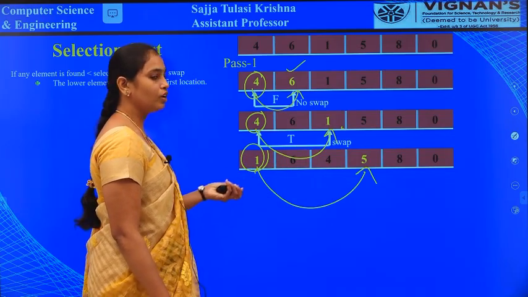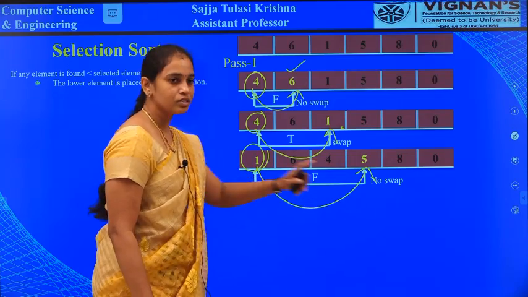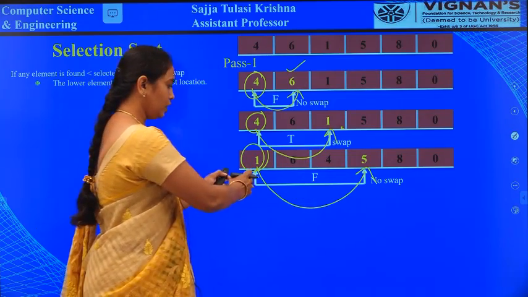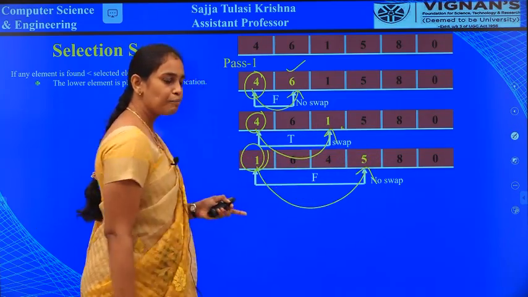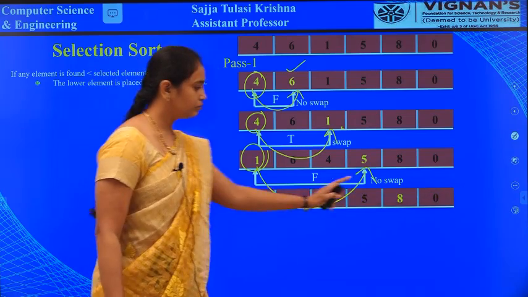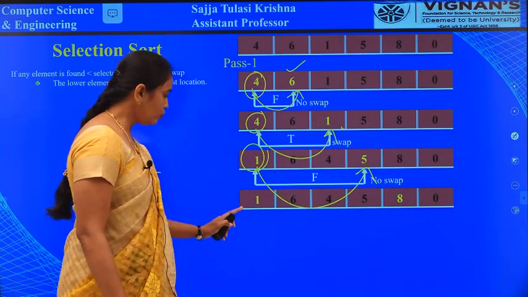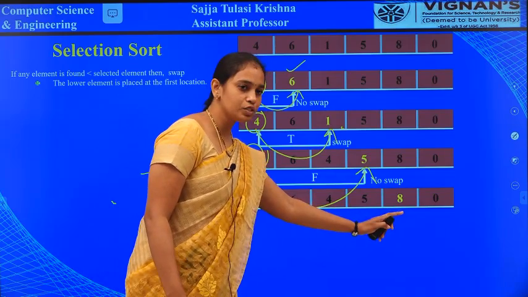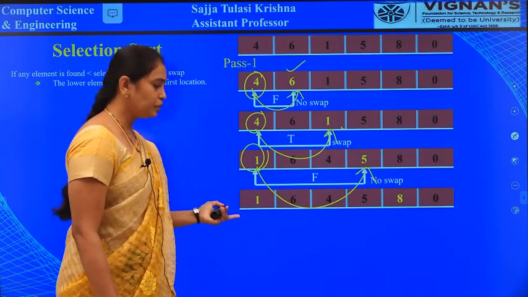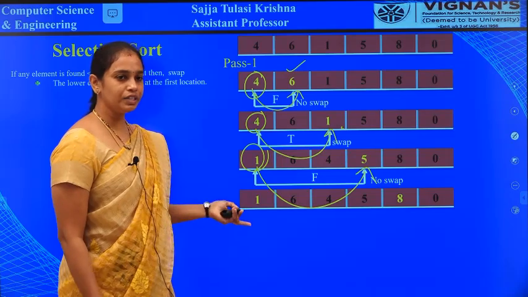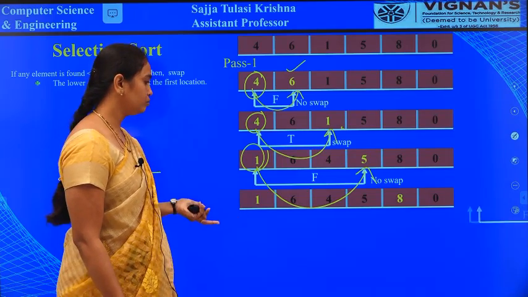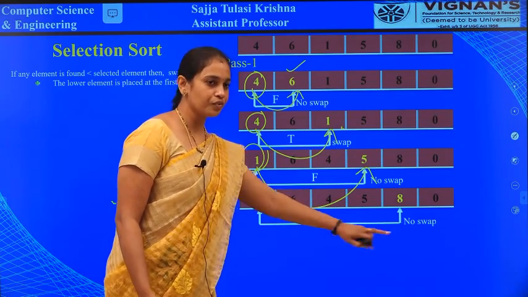No, the condition is false, there is no swap. In the next step, this one is compared with 8. Is 1 the minimum element or 8? 1 is the minimum element, so obviously the condition is false here, and no need to swap.